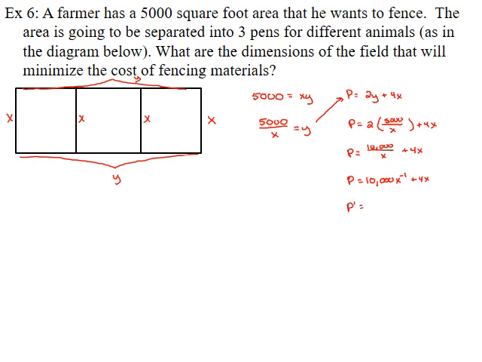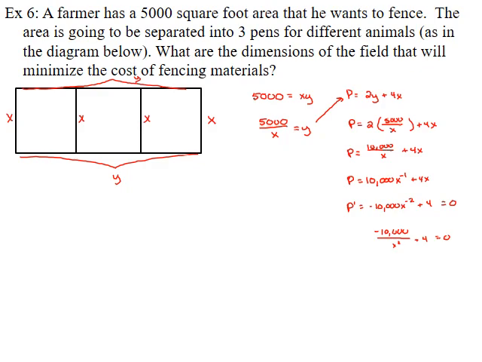So therefore P prime is going to be negative 10,000 x to the negative 2 plus 4, and this now needs to equal 0. Now that my derivative's done, I'm going to put it back into its original format. So this is negative 10,000 over x squared plus 4 is 0.